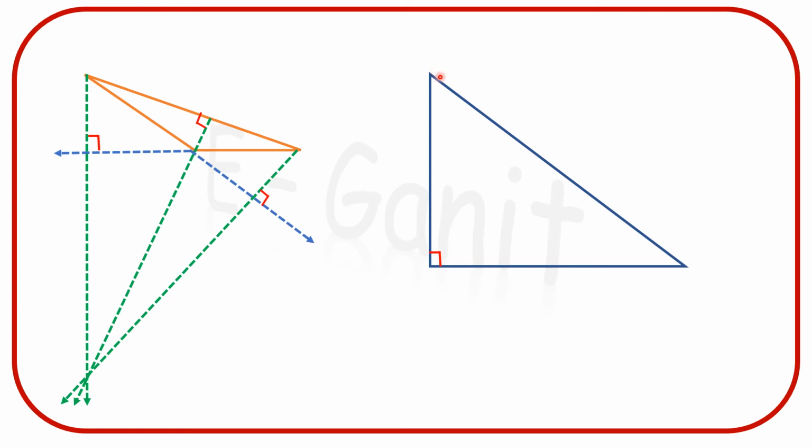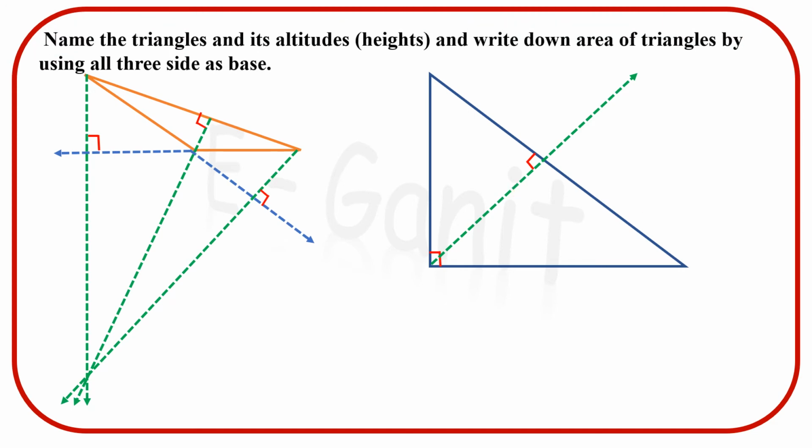If I take the hypotenuse as the base, then from this right angle vertex we draw a perpendicular height. Now here is the homework. Name the triangle and its altitude, meaning height, and write down the area of the triangle by using all three sides as a base.